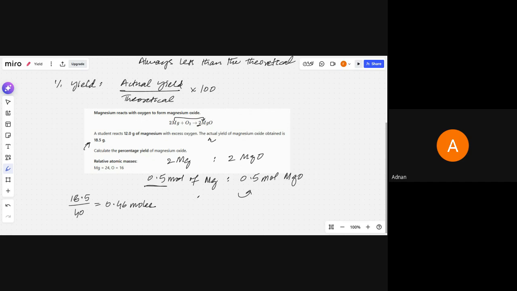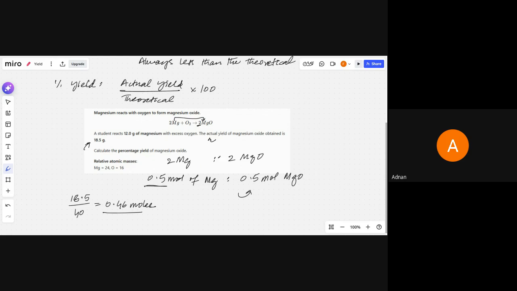And you see, the theoretical yield is 0.5 moles, and the actual yield that I converted from 18.5 grams to moles is 0.46 moles. So we can see that the actual yield is less than the theoretical.